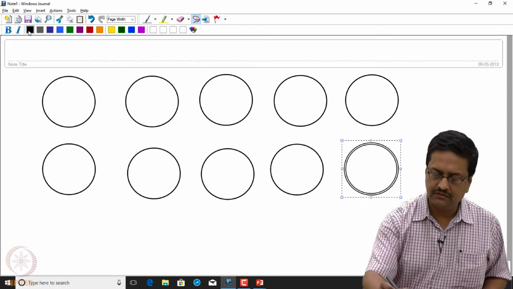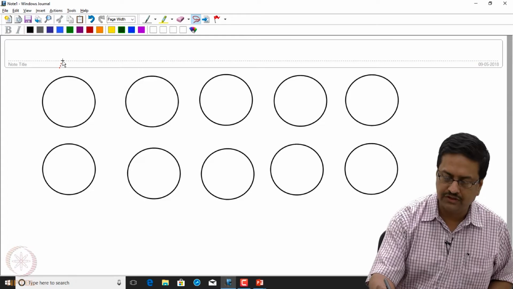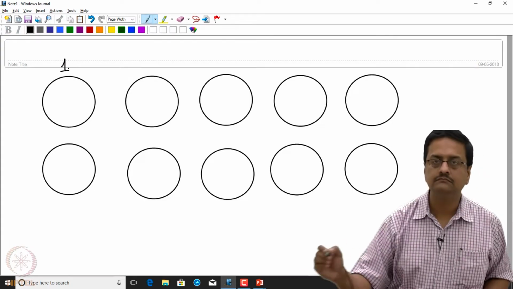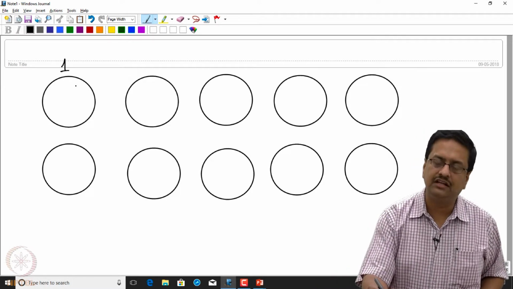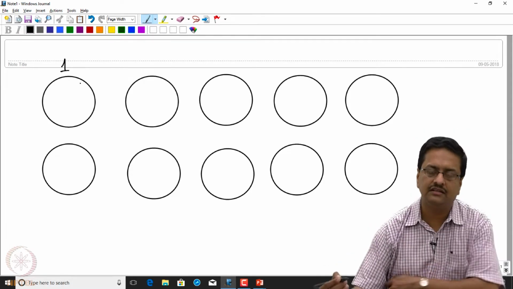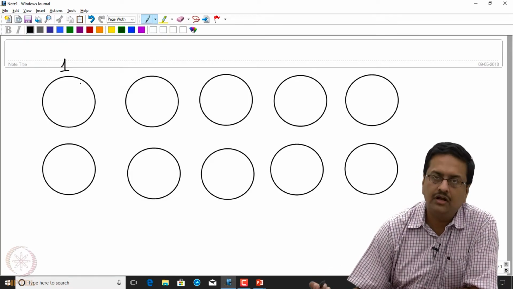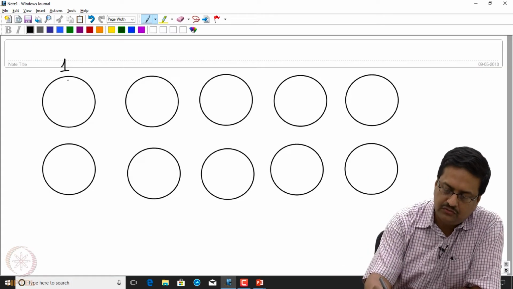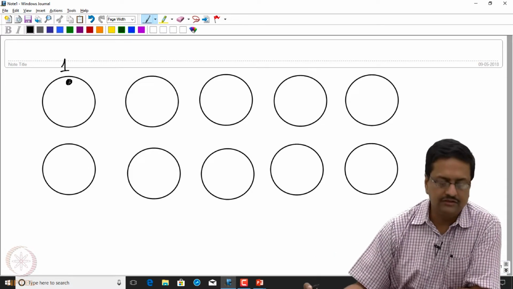So the first thing that we would like to draw is the point group 1. Point group 1 does not have any symmetry in it, so only a 360-degree rotation can bring the same object back to its original position. So we just draw it as a closed circle and it is point group 1.